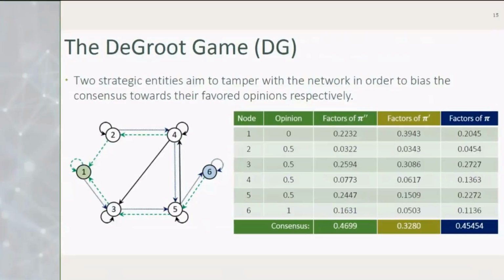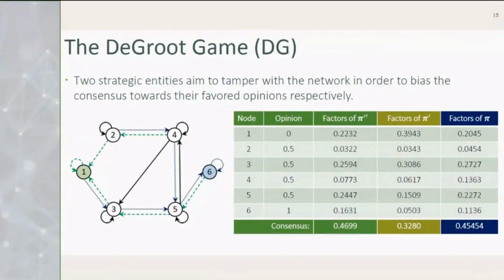To make things a little more complicated, we developed the growth game. Here we don't have just one player, we have two players, two strategic entities that aim to tamper with the network, each of the players having a favored opinion, and is urged to construct their optimal strategies in order to bias the final consensus towards their preferred opinions.